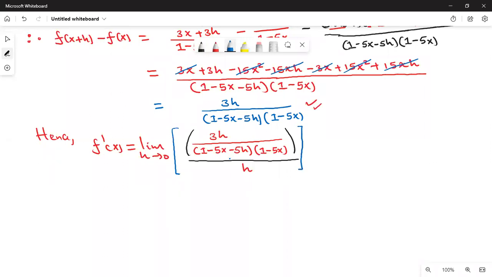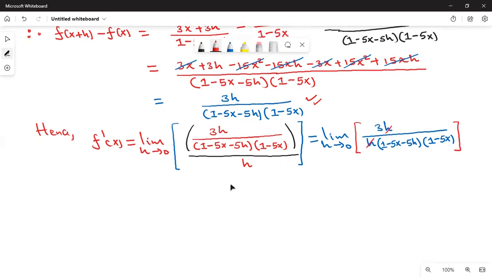So you see, this thing can also be written as the limit as h approaches 0 of 3h divided by h times 1 minus 5x minus 5h times another 1 minus 5x. That's what we have. And this is in brackets. So you see now the h will cancel with this h.